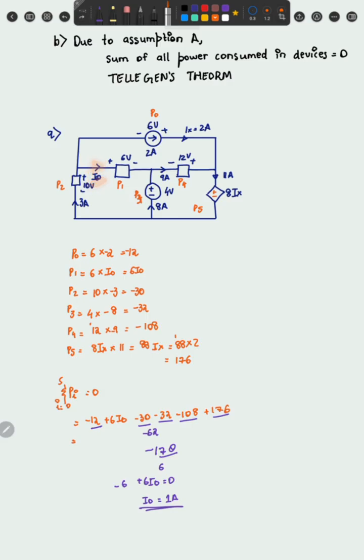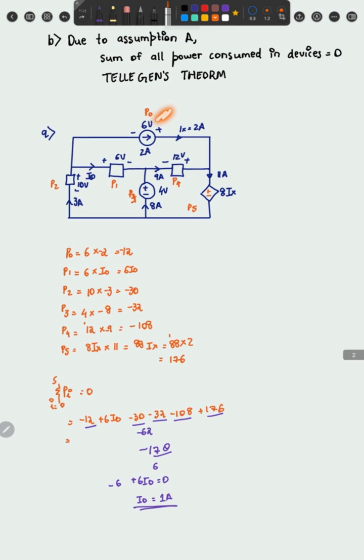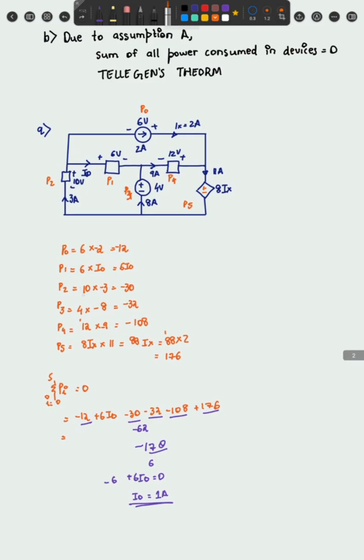So for P naught, it is 6 volt. The current is entering the negative terminal, which is wrong, as the passive sign convention says it should enter the positive terminal. Therefore it is -2, and the power is -12. Similarly for P2, it is 10 into... the current should have entered the positive terminal, so it's -3, that's -30.